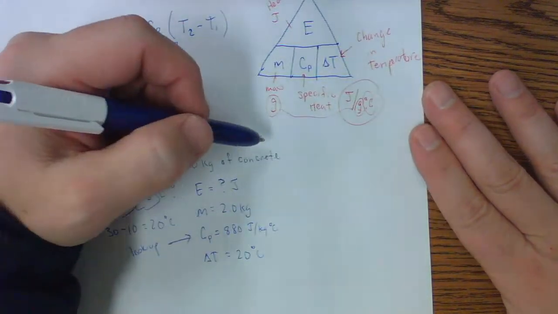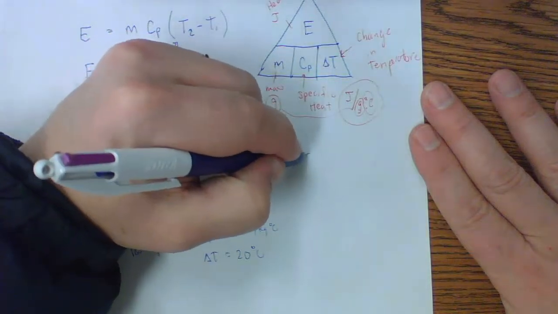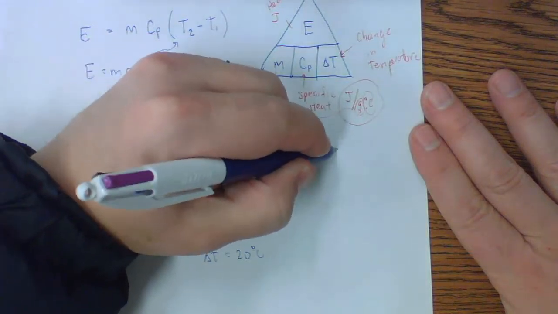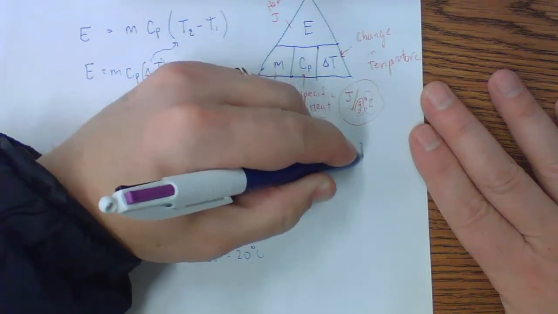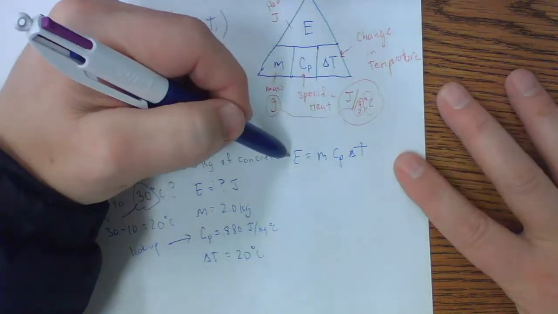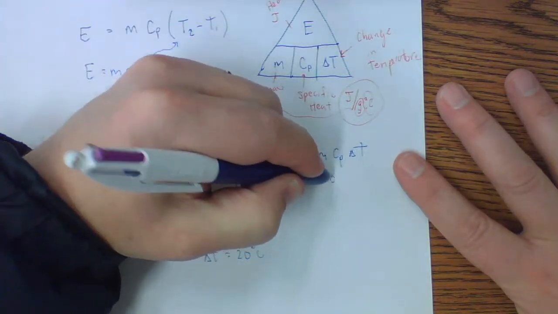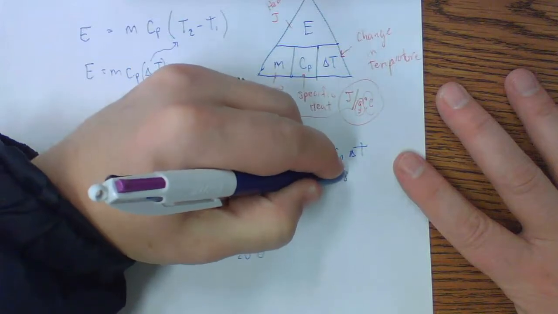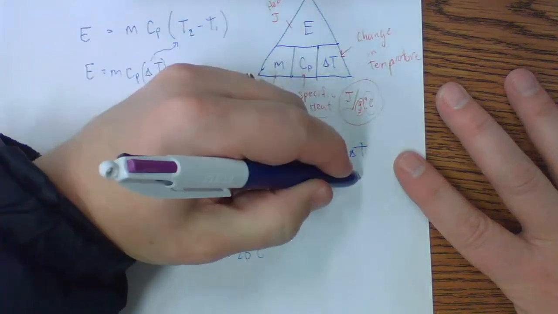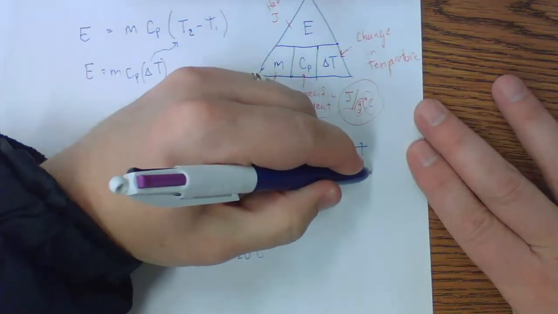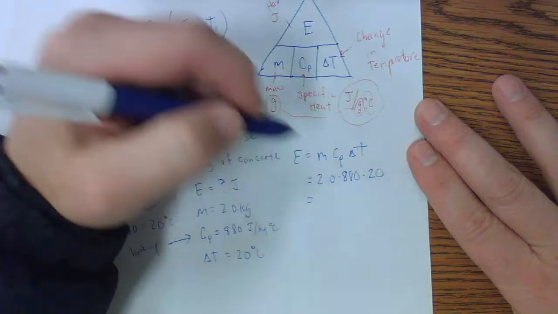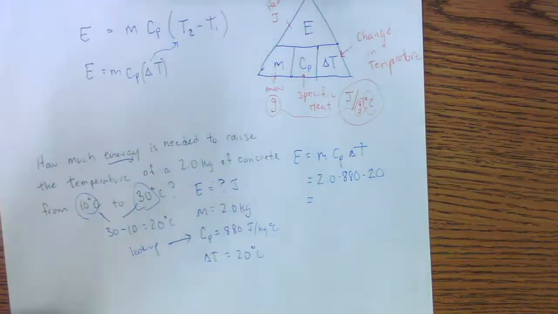I can just go to my equation. E equals m Cp delta T. My E is what I'm looking for. My M is 2. My Cp is 880. My triangle T is 20. So now I just have to go through and do my multiplying. So I grab a calculator.